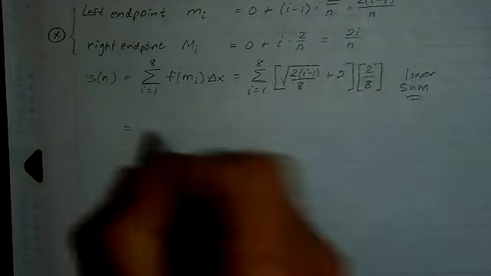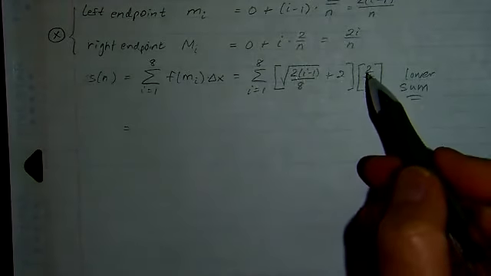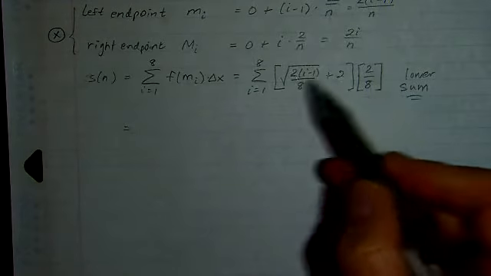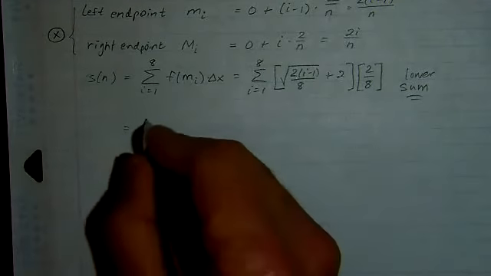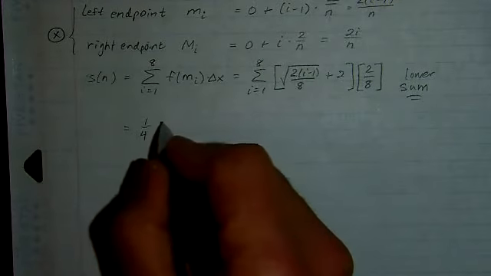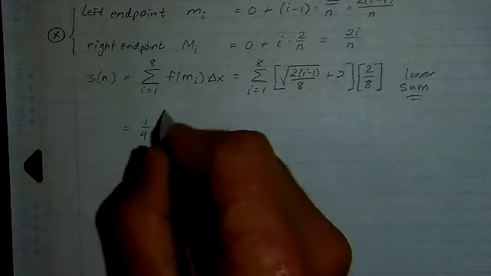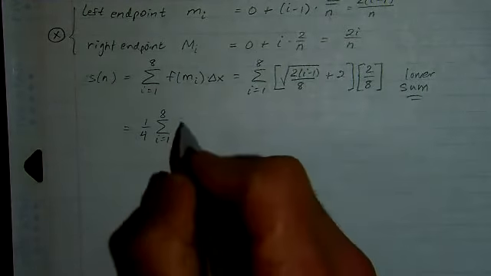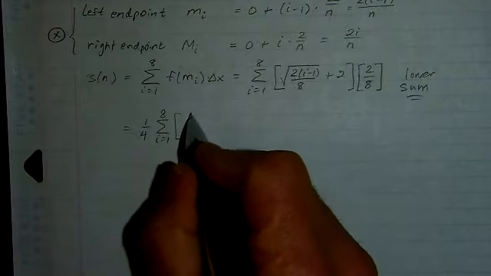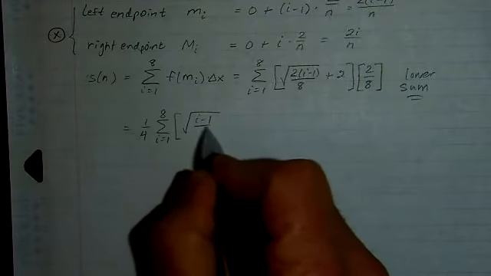Okay, so we're going to simplify this. Well, right, 1 over 4, it's a multiplier, and remember from our properties of sums, I can bring that outside. So that's 1 over 4 times the sum from I equals 1 to 8 of what? Okay, well, inside I have this 2 over 8 inside my square root. So I'm going to simplify that. I have I minus 1 over 4.